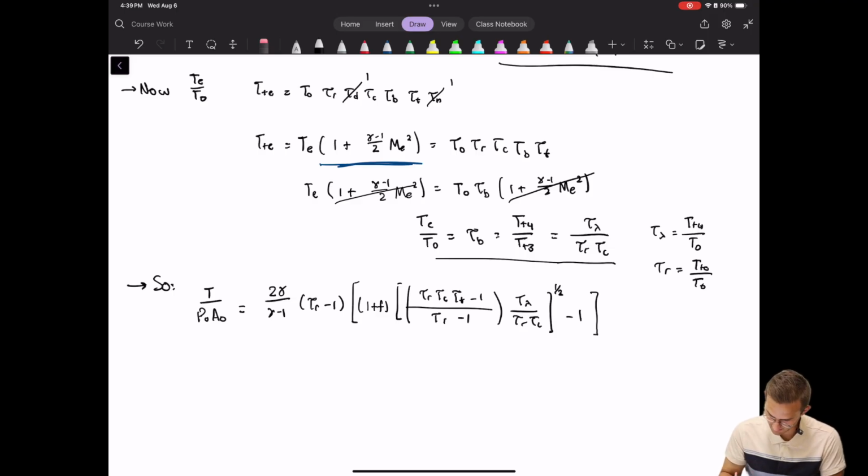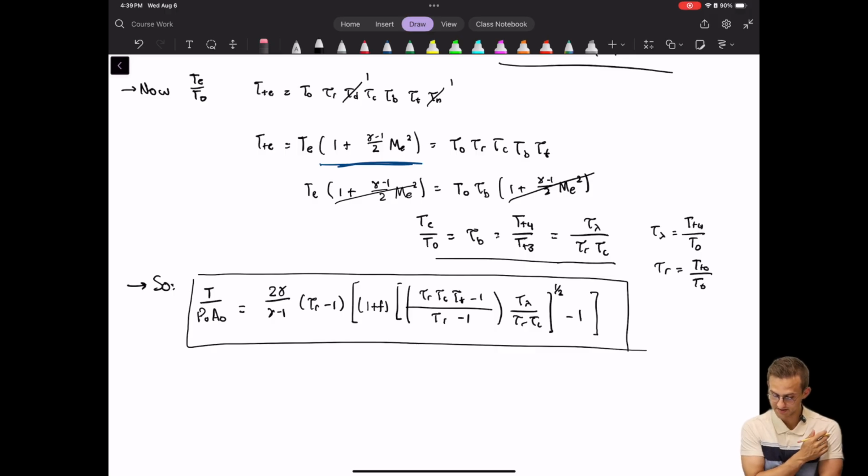And that is the non-dimensionalized thrust for the ideal turbojet.